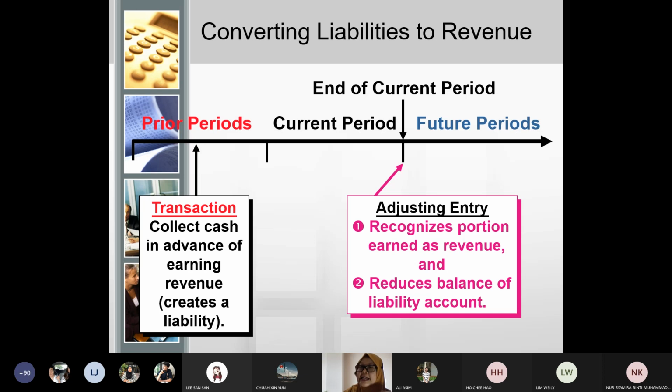Let's say you subscribe to Netflix for 90 days. Netflix will collect cash for 3 months earlier. So at the end of the period, Netflix will recognize the revenue that is earned during the period and also reduce the liability account, which is the unearned revenue.